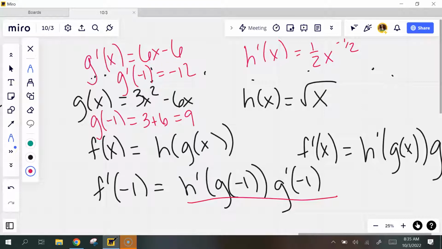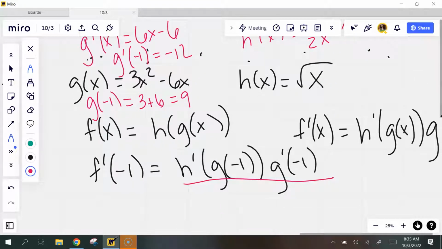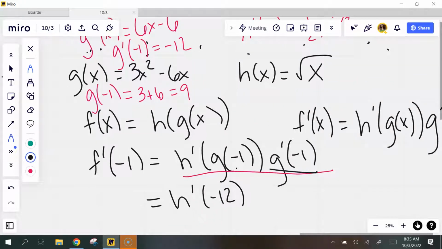So let me go ahead and plug in what I know now. I know g of negative 1 is, oh, I did that wrong. G of negative 1 is 9. And g prime of negative 1 is negative 12.